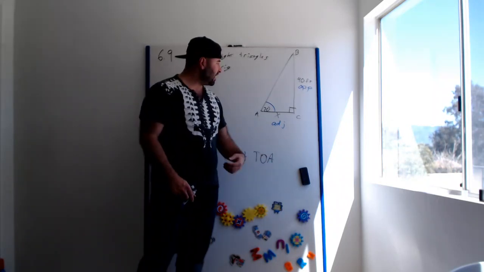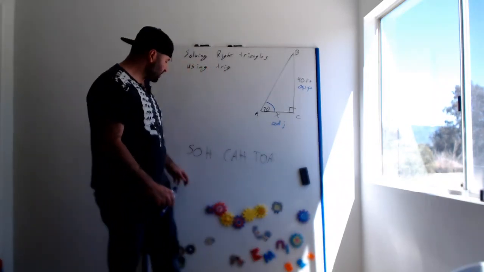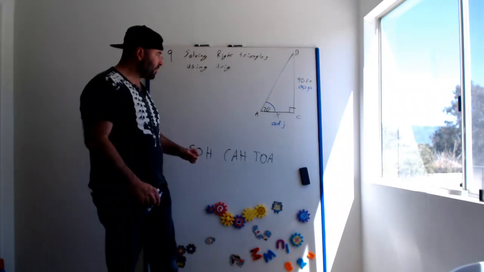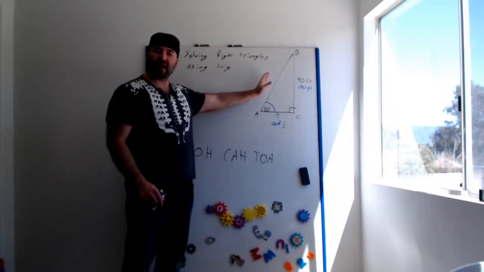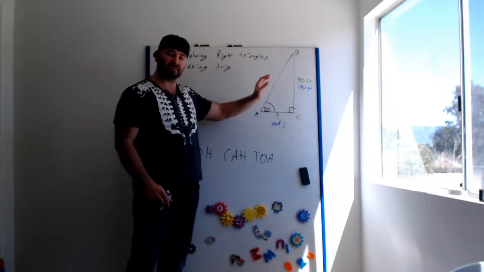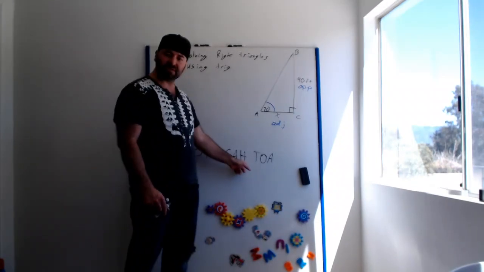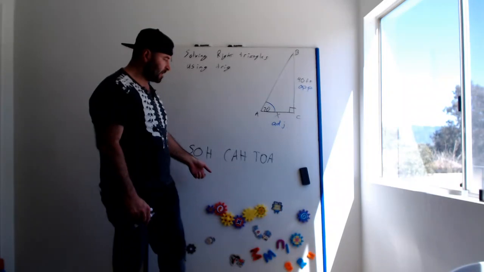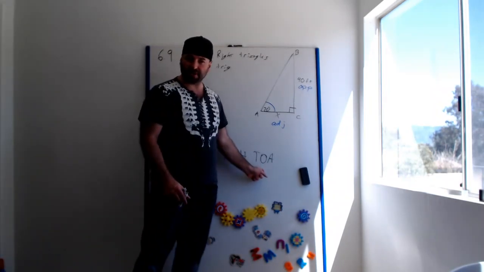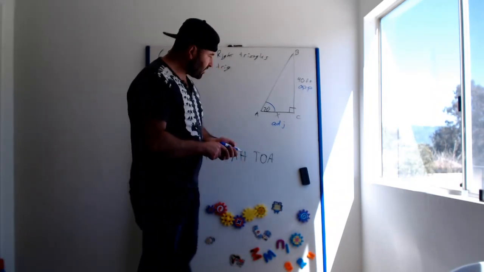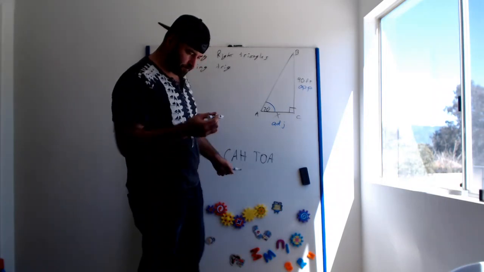Once you figure that out, you're going to notice that sine is opposite over hypotenuse. I don't have the hypotenuse, and I'm not asked to find the hypotenuse, so that's not what I want to focus on. Pretty much anything that involves the hypotenuse, we don't need. And that leaves tangent.